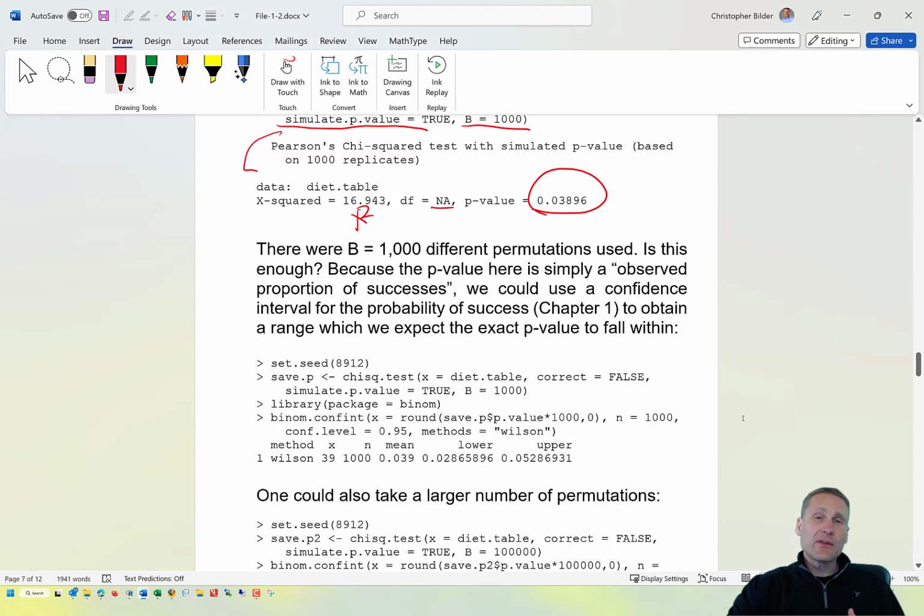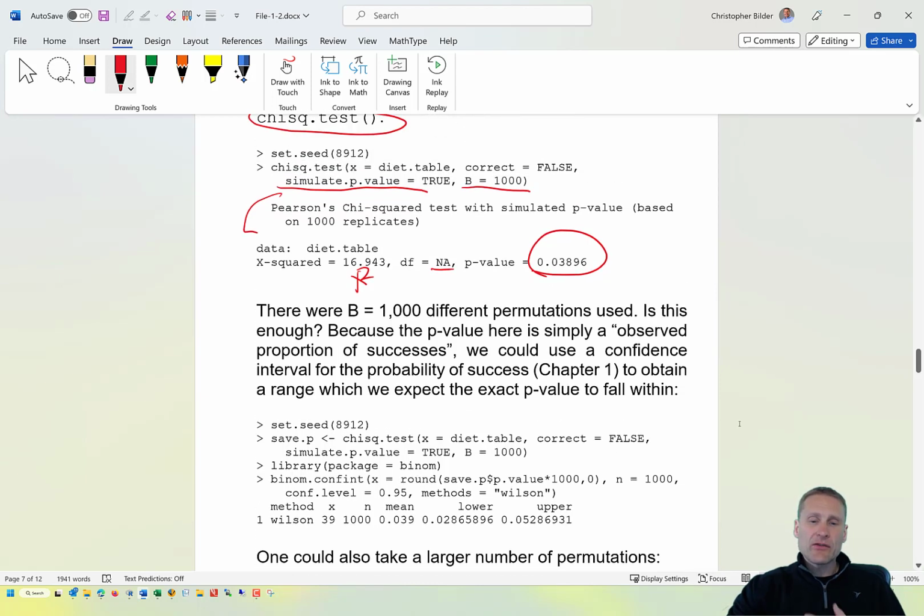Well, what we can do is actually go back to some stuff that we did in chapter 1 to examine that further. Because as you might expect, if I were to redo this permutation test and use a different seed number, I'm going to get a different result. Now, I know that since B is fairly large here, my result shouldn't deviate too much, but it shouldn't be exactly the same.